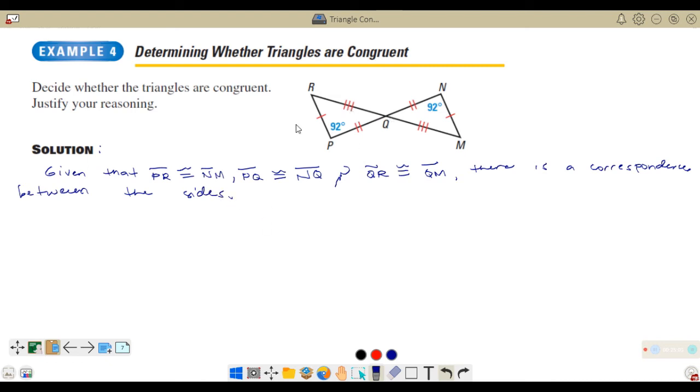Okay, now let's go to the angles. We have to prove that there is also a correspondence between the angles. Kasi may mga corresponding sides na tayo eh.